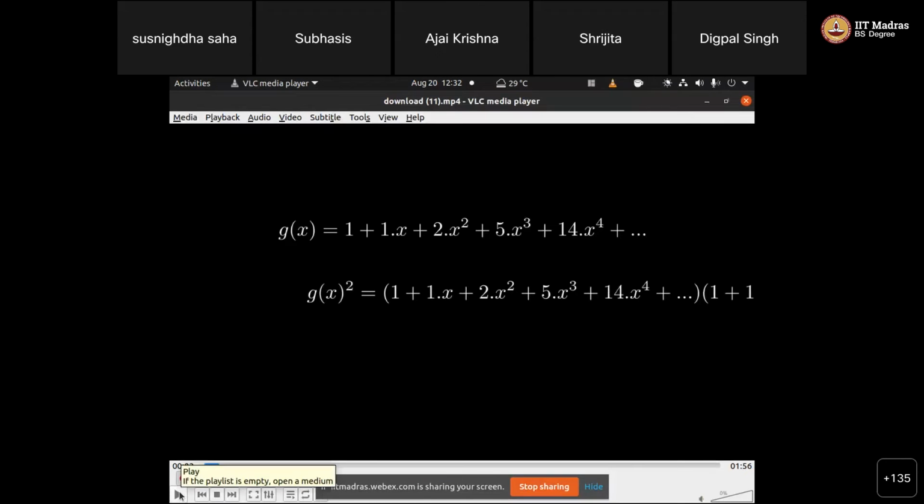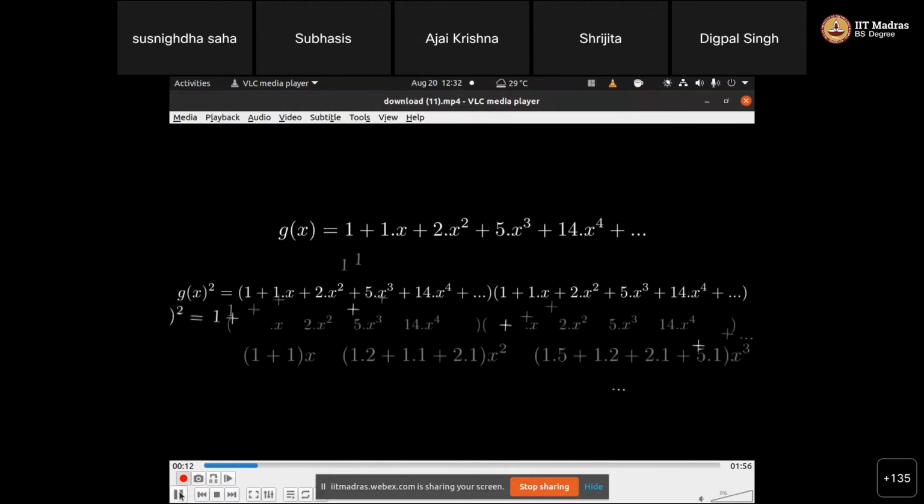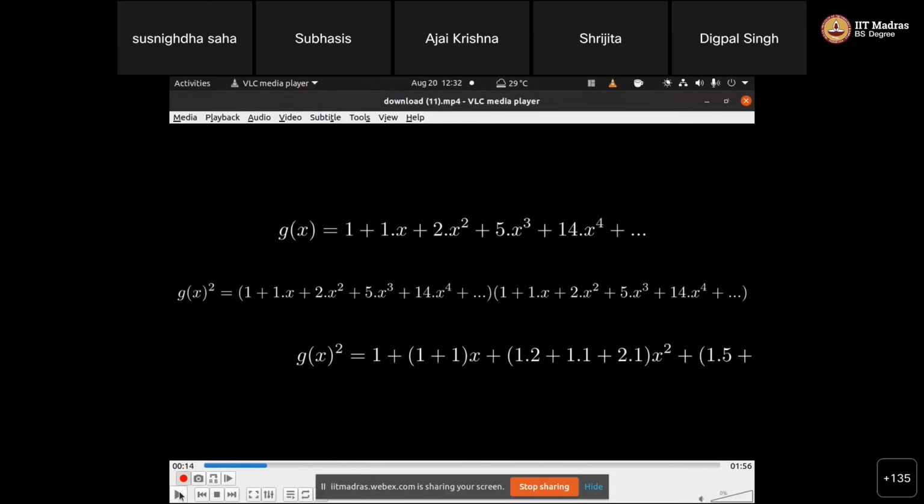We are denoting the generating function that we had as g(x), and we are squaring it. Let's go on autopilot a little bit, and it will do the thing. It will multiply term by term, and you get it here.